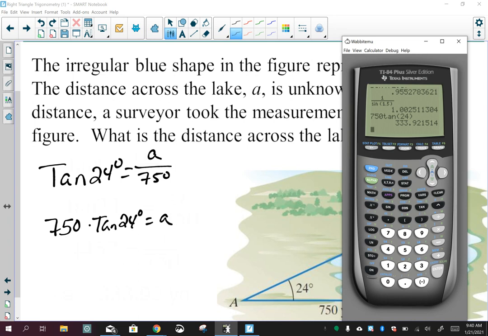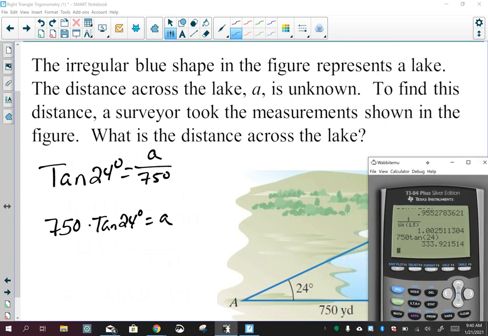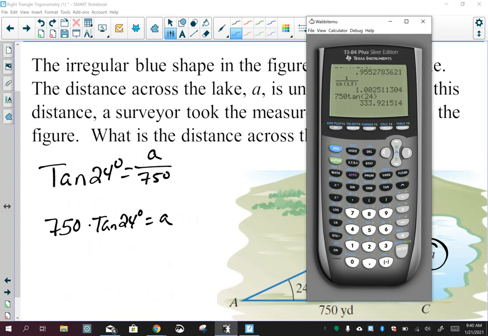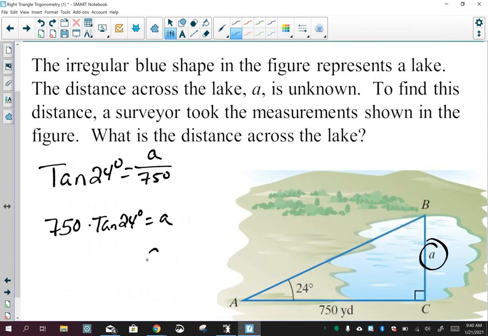Boom, 333. Let's go one decimal place. So 333.9. My A is 333.9 yards. So please make sure you draw the triangle and label it correctly.